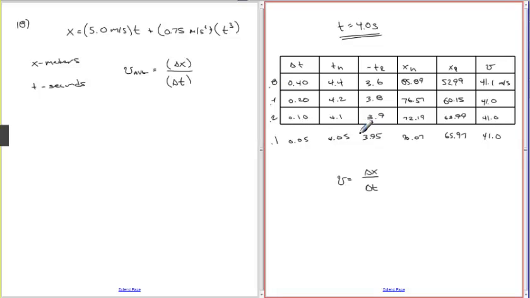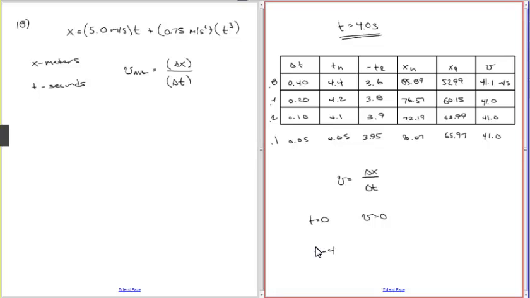So the problem was: plot the graph of car position versus time, which I haven't done yet. Determine the instantaneous velocity of the car at t equals 4 seconds. Compare the average velocity during the first 4 seconds with the results of part B. So for the average velocity over the 4 seconds, at t equals 0, x is equal to 0.